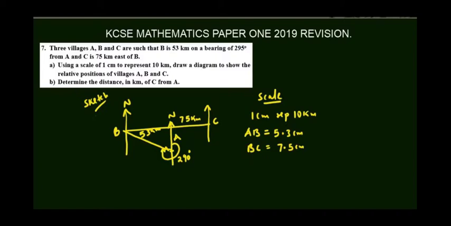So we will be copying the sketch. But to ensure that our values are accurate, the readings that we get from our scale drawing, we will have to ensure that the true northings are all parallel.